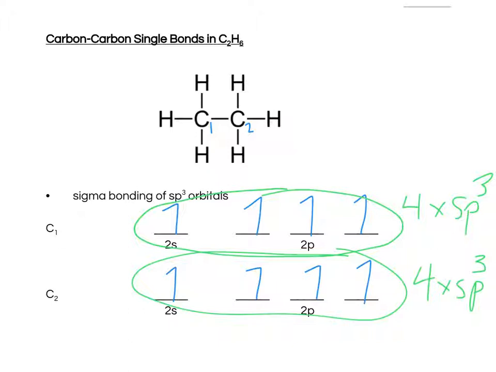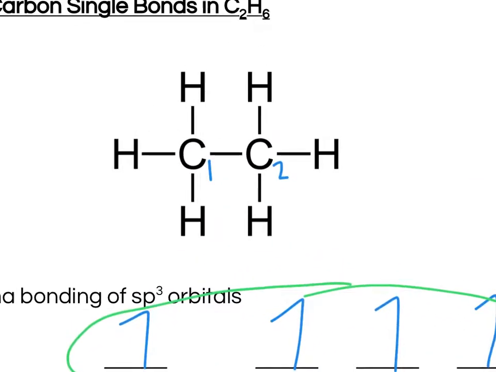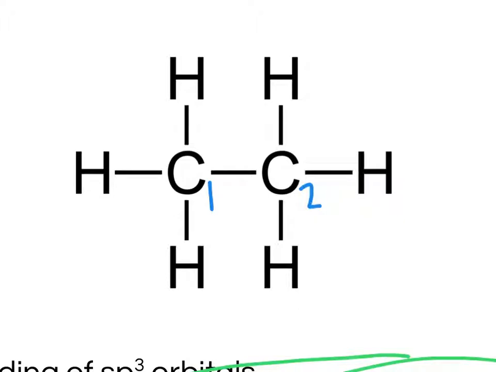So you will remember that any single bond is going to be a sigma bond, where we have direct overlap. So what I'm going to see around each carbon in this molecule that I've drawn is an sp3 orbital, sp3, sp3, and sp3, right? 4 orbitals around carbon, each of equal size and shape.